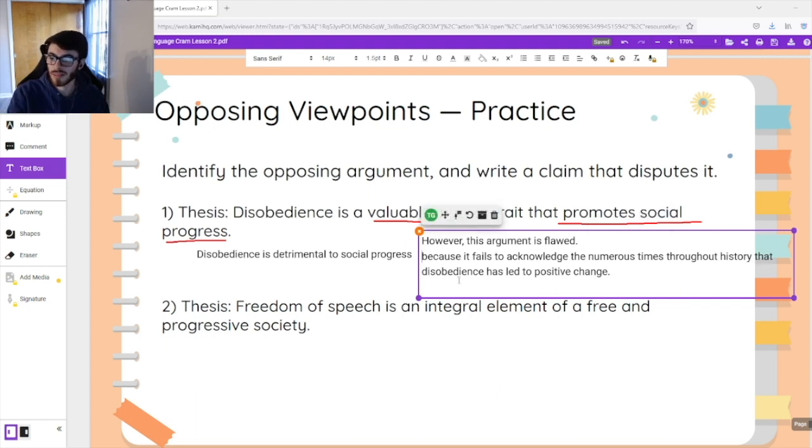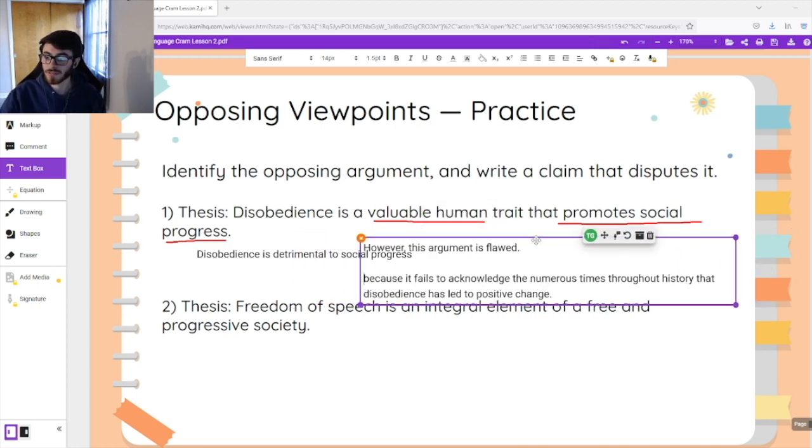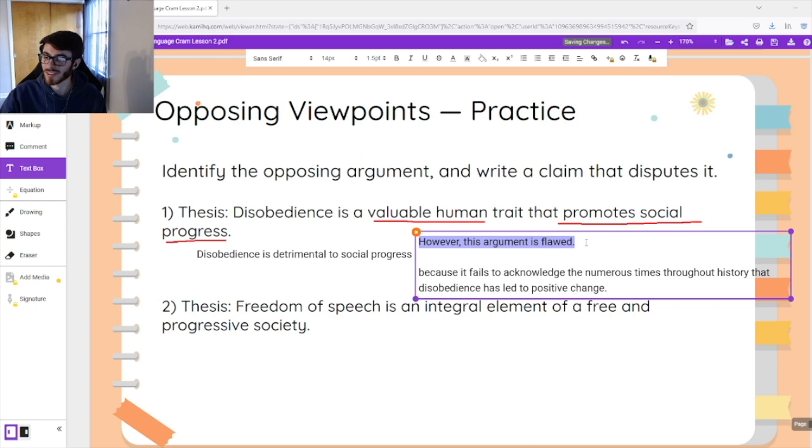We can be, right? This is a good claim. However, this argument is flawed is also a perfectly fine claim, honestly. We just want to make sure we are completely clear that we think this opposing viewpoint is bad or wrong or not true, and we make it completely clear that we are about to talk about why it's not true.